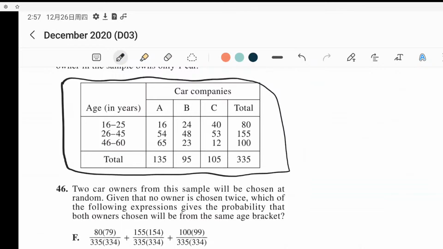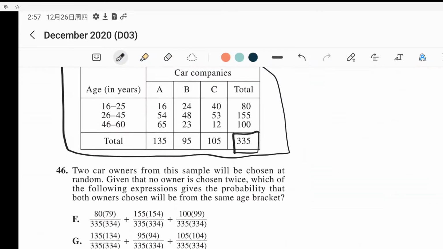Which of the following expressions gives the probability that both owners will be chosen from the same age bracket? Interesting. So let's see. 2 car owners out of 335 will be chosen. Probability that they will be in the same age bracket.